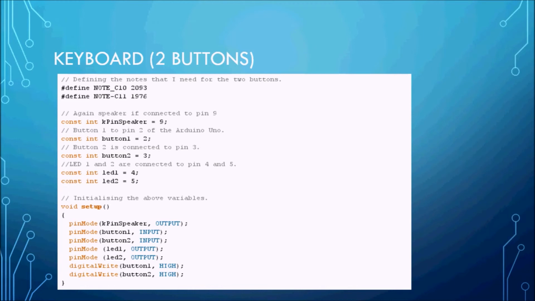A speaker is connected to pin 9, button 1 is connected to pin 2, button 2 is connected to pin 3, and LED 1 and 2 are connected to pin 4 and 5. I have initialized these variables in the setup function, and at the top of the code I have included or defined 2 notes that will be played by the 2 buttons.